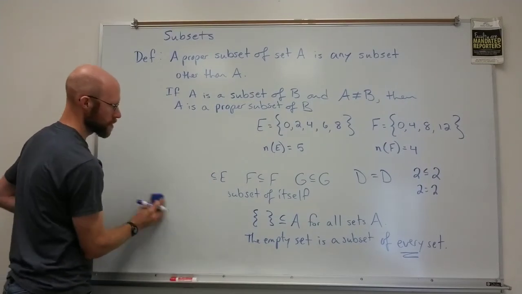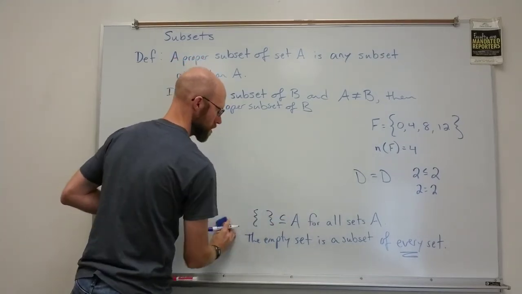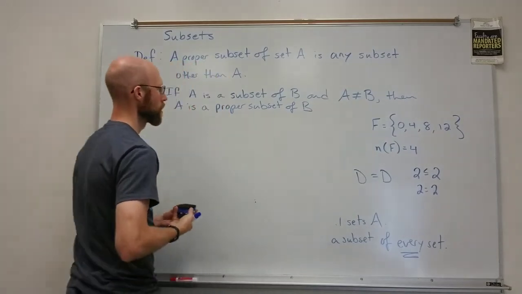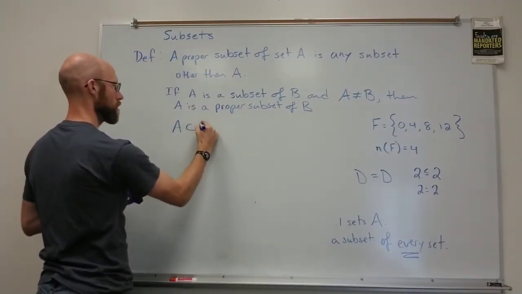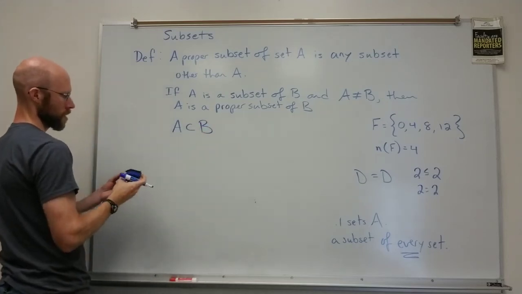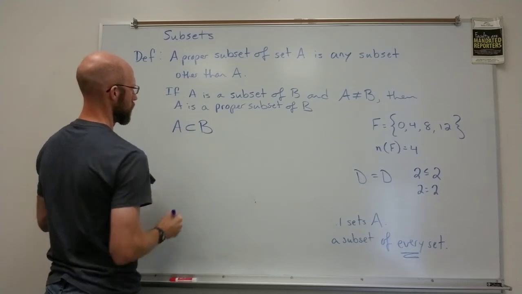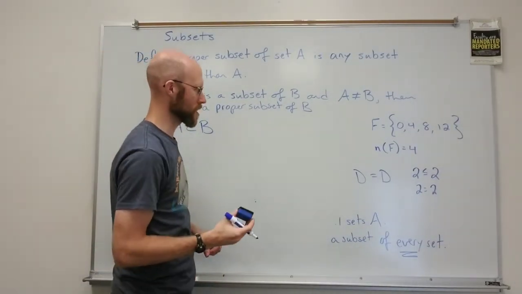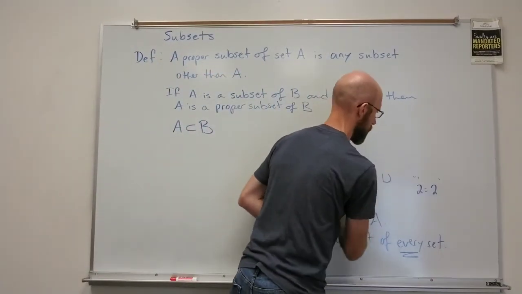And the notation we use for a proper subset is going to look a lot like a less than symbol that's curved, in a similar analogous way. We would say that A is a proper subset of B. It almost looks like the letter C, but it's not quite the letter C. It's more of a horizontal U. When I write it quickly, it looks like a C, but it technically is not.